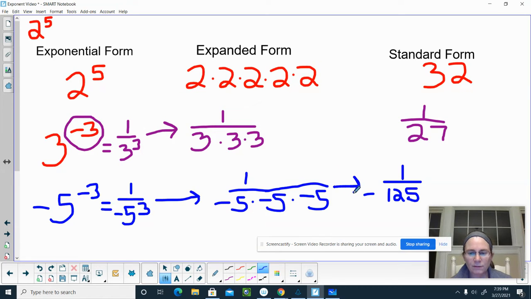So we have all three forms here. Negative 5 to the negative third is exponential form, or you can rewrite that, which is also exponential form, as 1 over negative 5 to the positive third. When you expand it out, it's 1 over negative 5 times negative 5 times negative 5. And then standard form is when you multiply all those denominators together to get the answer.